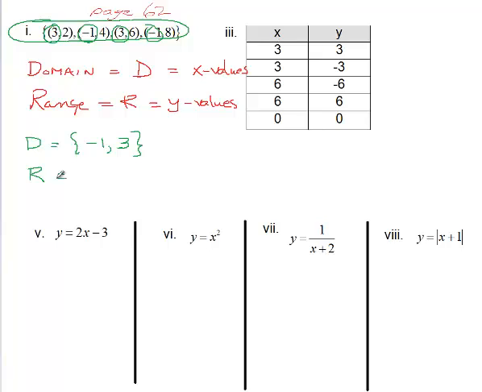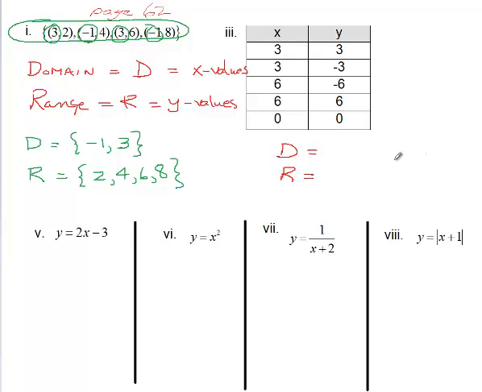The range are the y values used by that same relation here, and again we'll go from lowest to highest, and it looks like it's 2, 4, 6, 8. So domain and range from a set of ordered pairs is very easy. And the second example there, number 3, is also giving you a relation or function. We'll talk about that later, which one is a relation, which one's a function, in another video.